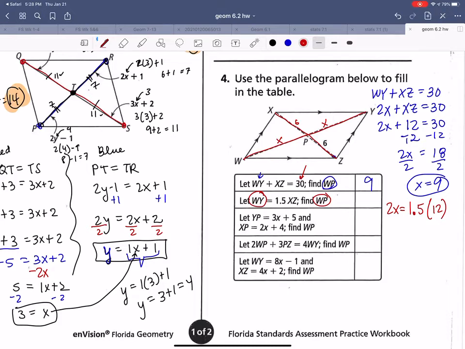1.5. That'd be 9. Oh, I didn't bring in my calculator. That's kind of weird.